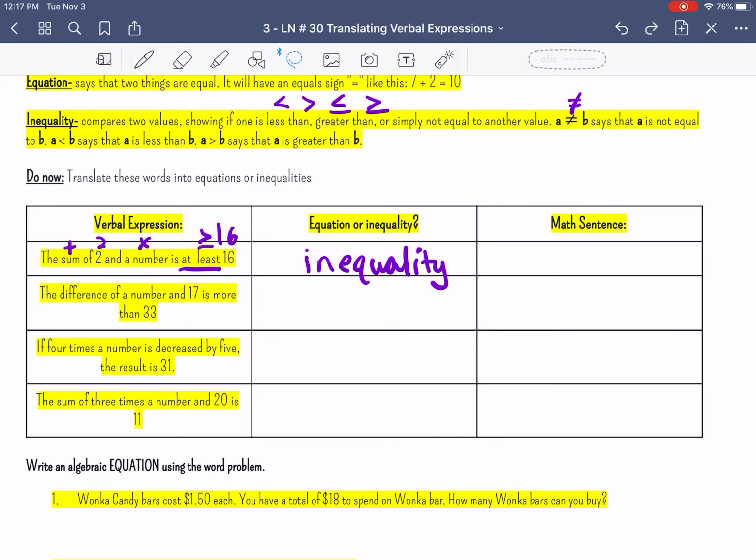So now I'm going to move these symbols over here, and I'm going to arrange them into a math sentence. So it says the sum of 2 and a number. It doesn't matter because this is addition, so it doesn't matter what order I put them in.